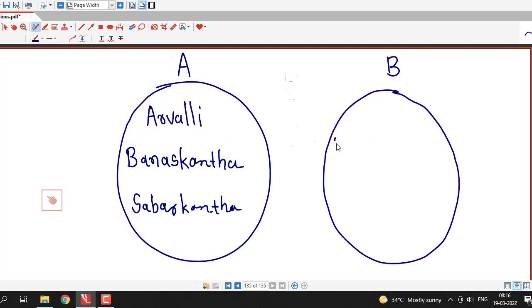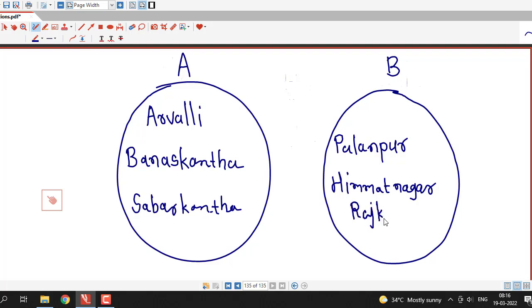So here suppose I consider Palanpur, then Himmatnagar, then Rajkot and Modasa. So I have taken two sets. In one set I have taken three districts. In another set I have taken four different towns or cities.